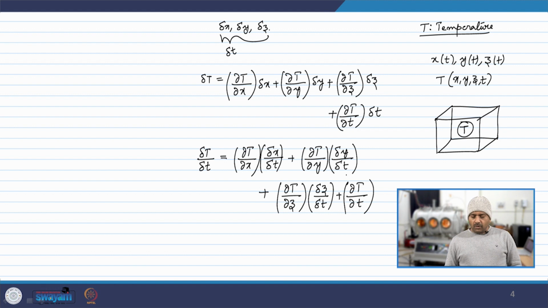Right. So, delta x by delta t, the rate at which position changes with respect to time along the x direction, is nothing but the velocity along the x direction, which is called u. Before that, we can get rid of this delta t by imposing the limit delta t tends to 0.